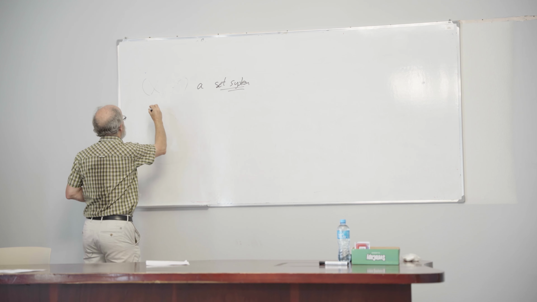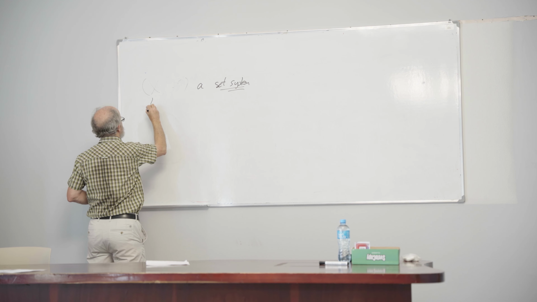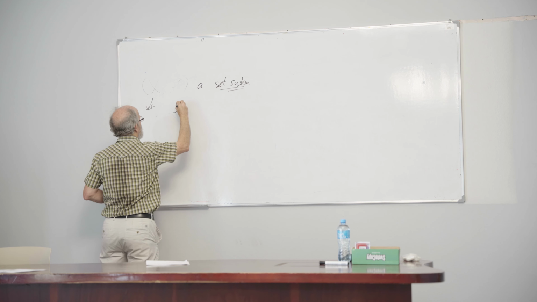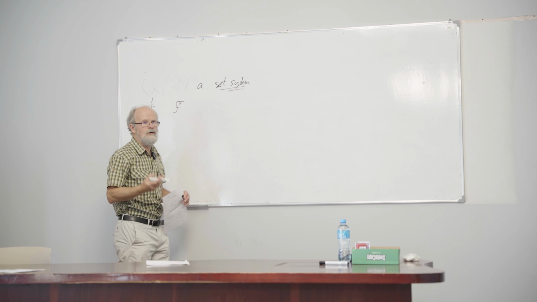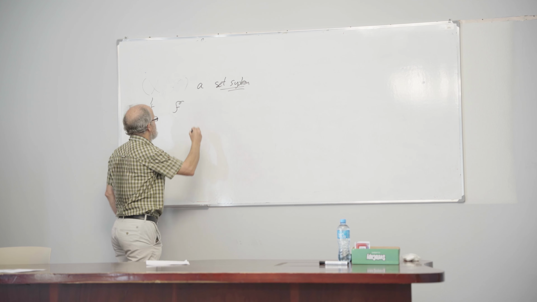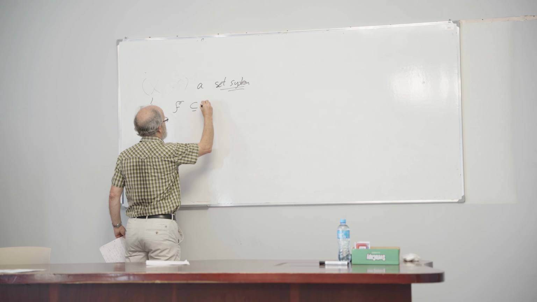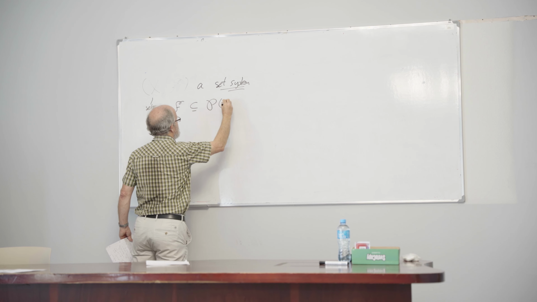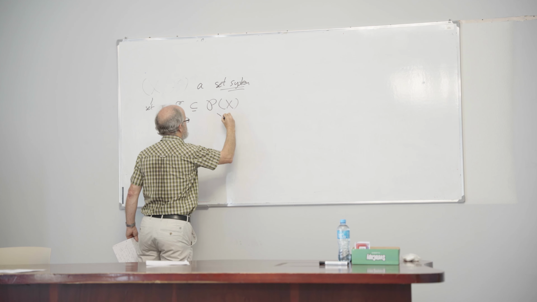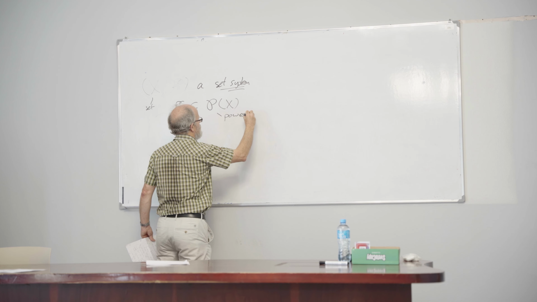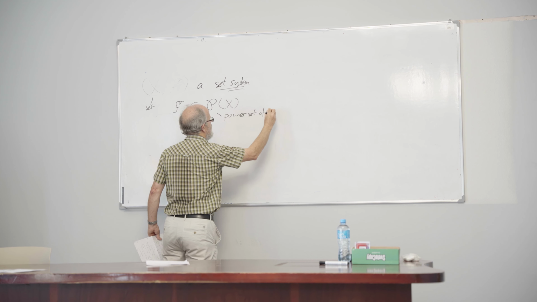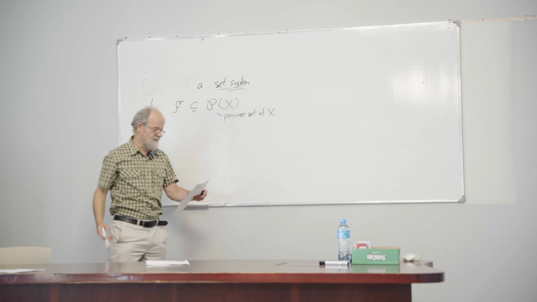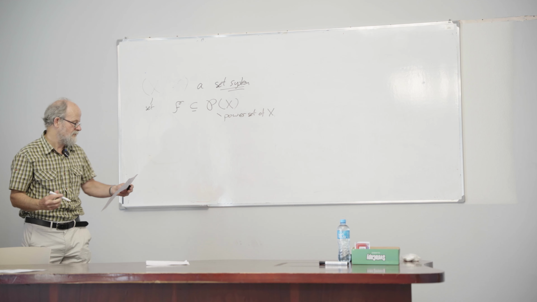That means that X is a set and F is a collection of subsets of X. So F is contained in the power set of X. That's what I mean by a set system, a system of subsets of X.